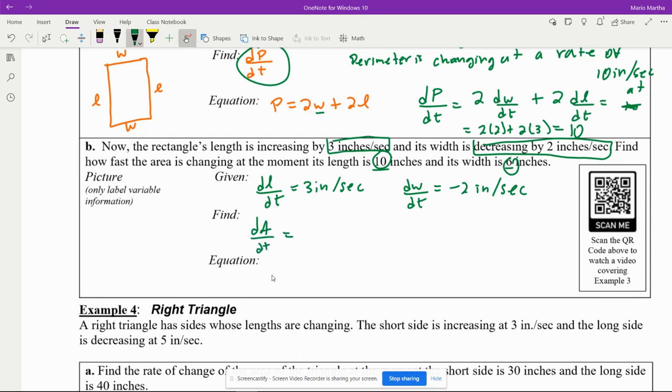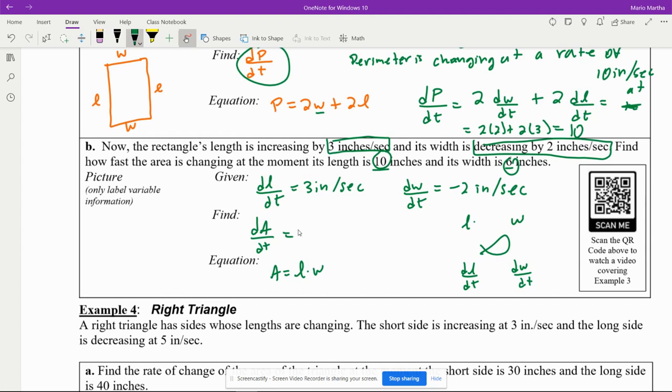The area for any given rectangle is length times width. From here we find the derivative, and be careful because you have to use the product rule. So set up your fish: this would be dl over dt, and this would be dw over dt. Draw your fish, and there you go.